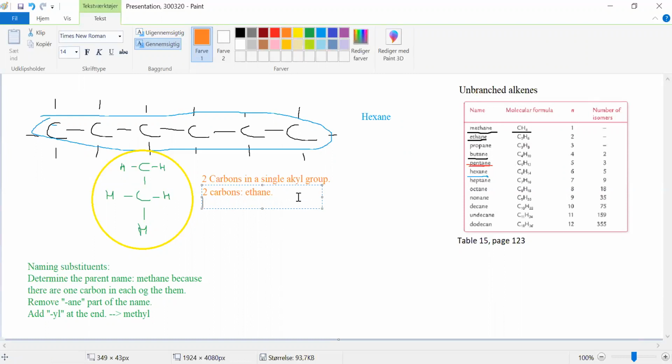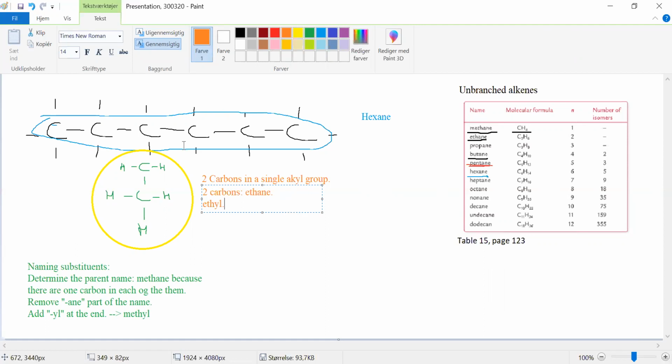And then we should remove the ane part of ethane and then add yl. So it's an ethyl side chain. Okay? So just remove the ane part of the name and then add yl at the end. And you can do that with all of these. As long as it's side chains, that's the way you must name the side chains or the substituents.